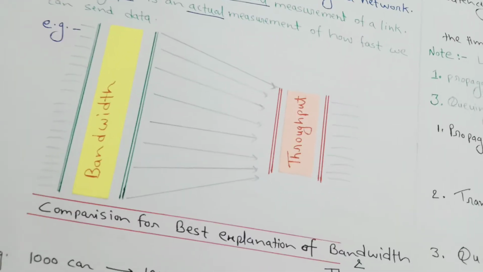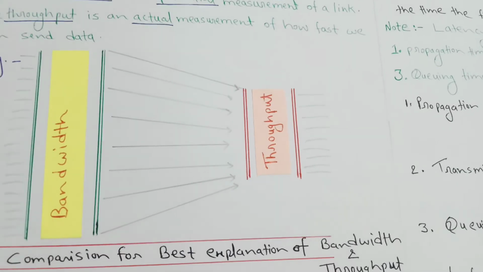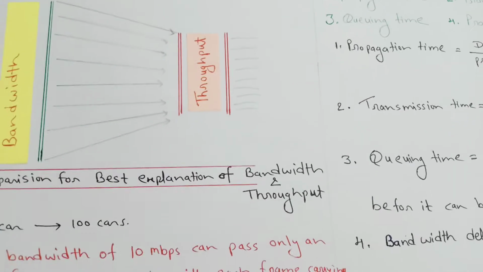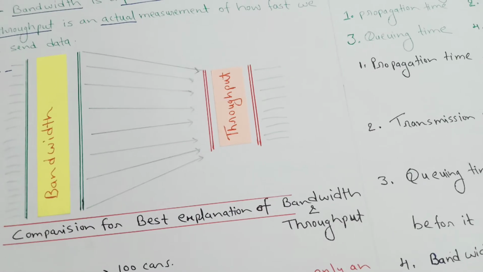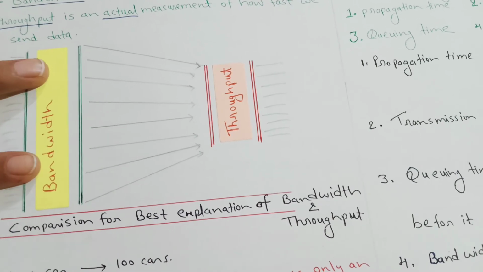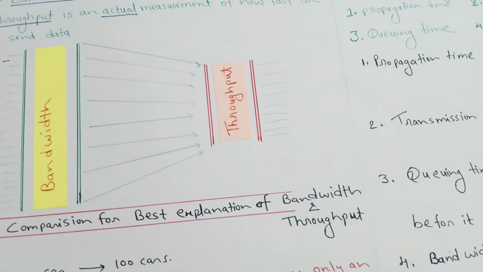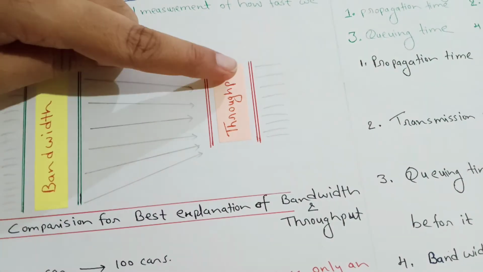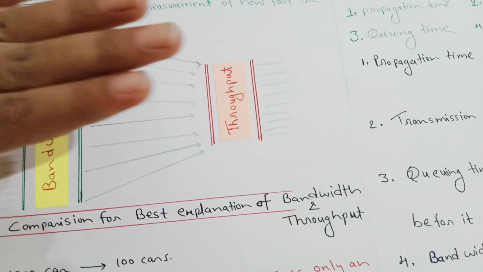This is the image. You can see the comparison for the best explanation of bandwidth and throughput. Bandwidth will be high and throughput will be low, or it will be great and it will be less.